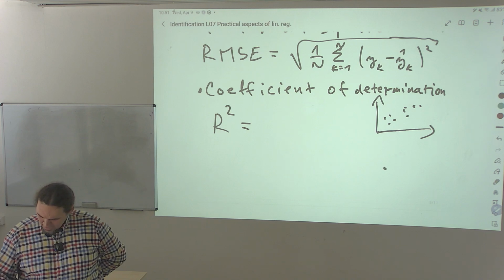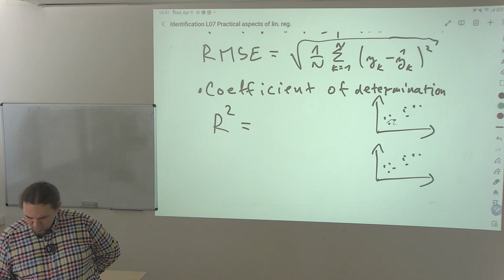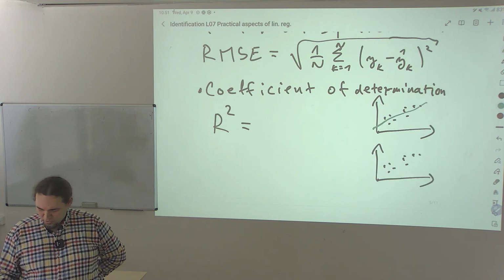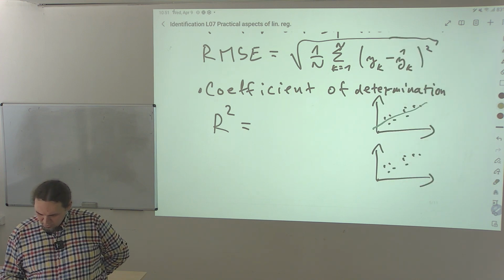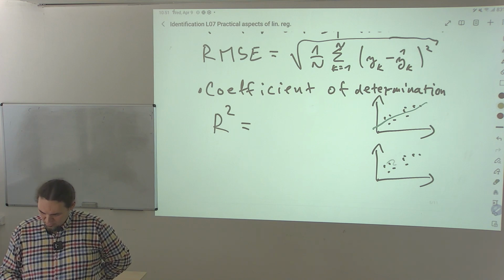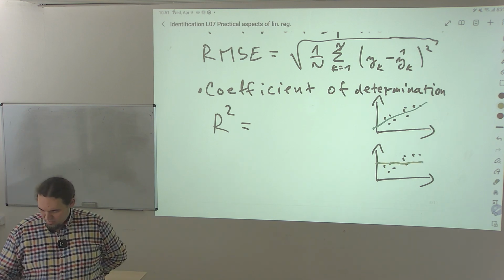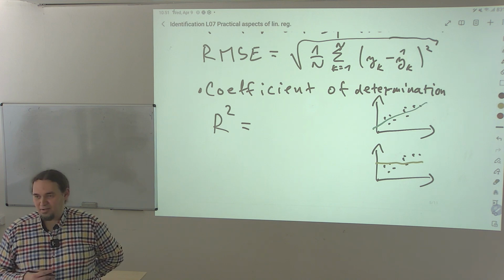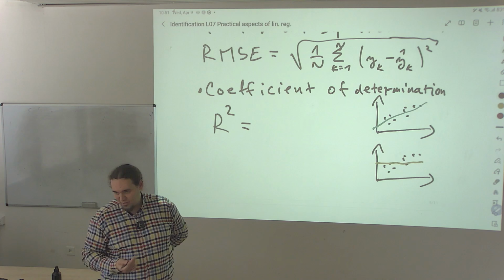Basically we want to compare how good our model is and how good the model would be if I just fit the data with a constant. So this is what is behind the R squared value.